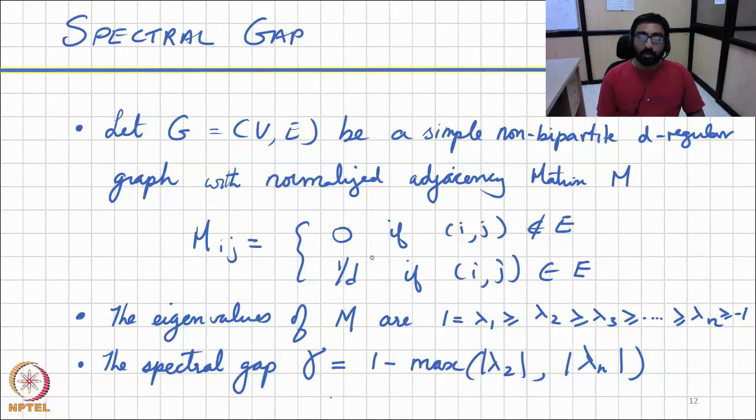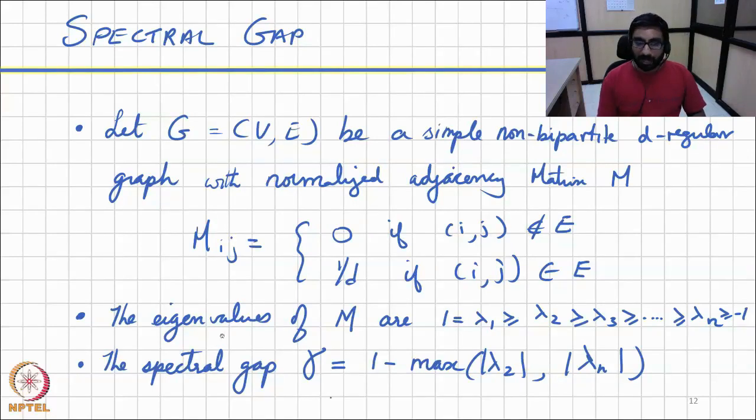So consider a random walk that is at vertex I. This 1 over D is the probability with which it would transition to vertex J. So this is called the normalized adjacency matrix, and it's also sometimes called the random walk matrix.